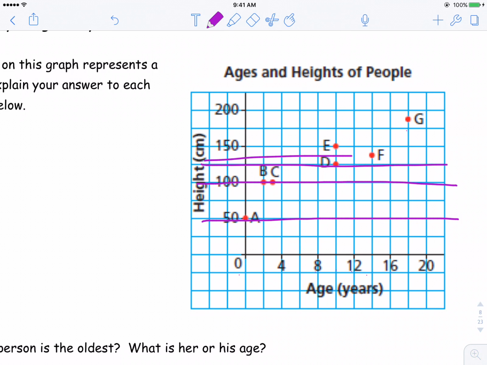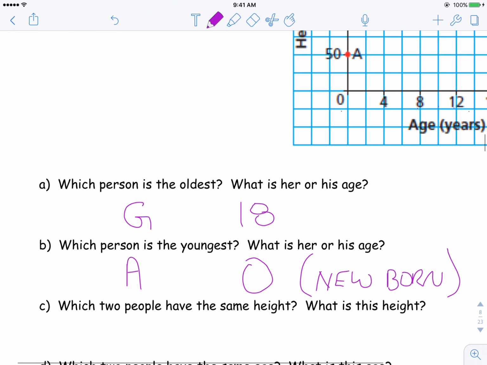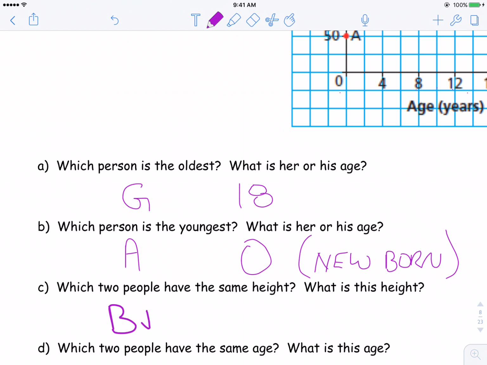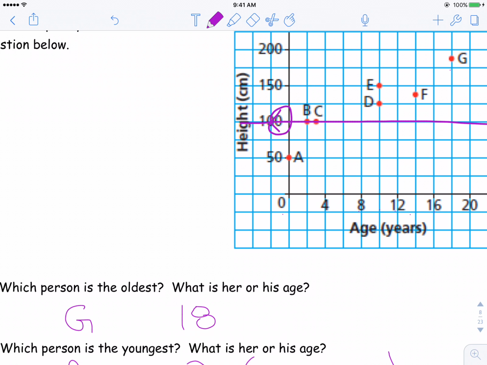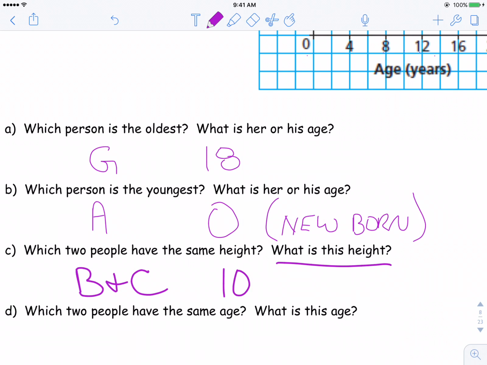D, nobody. F, nobody. E, nobody. G, nobody. So it's going to be persons C and B, or B and C. Okay. B and C. And what is that height? Well, that value is 100. 100 what? Centimeters.